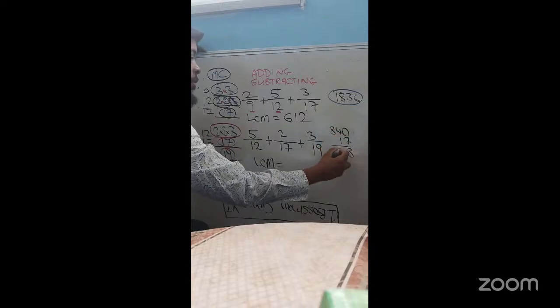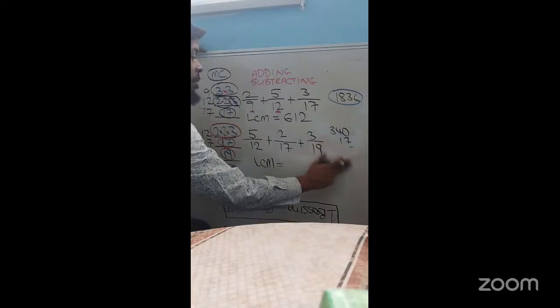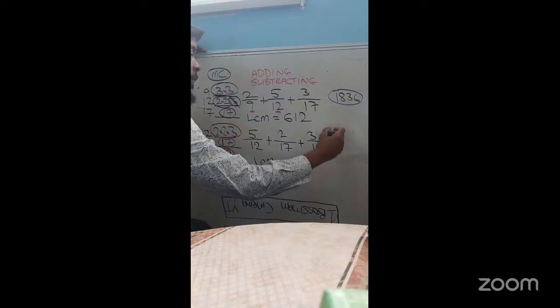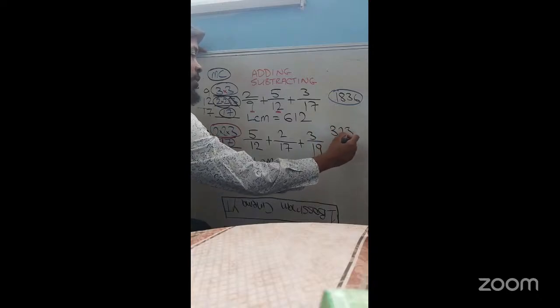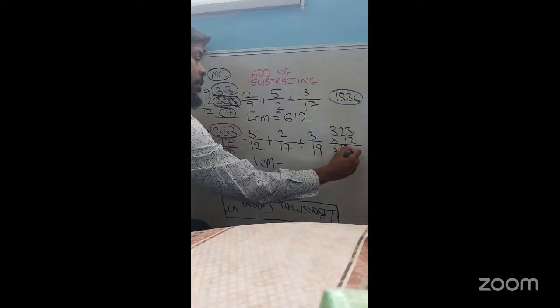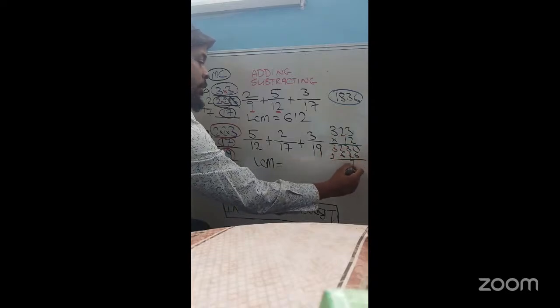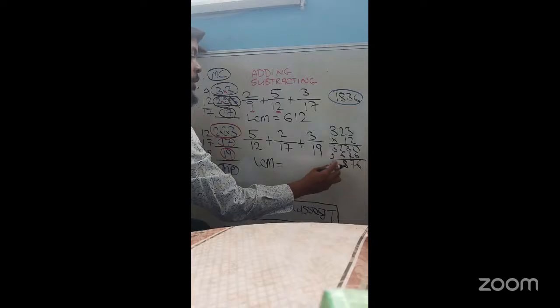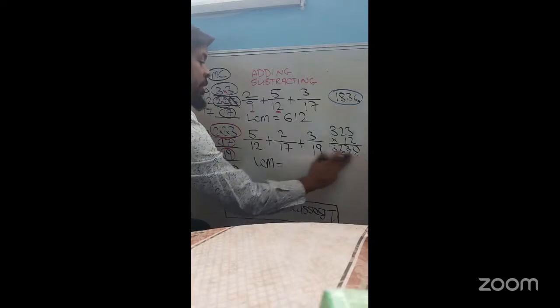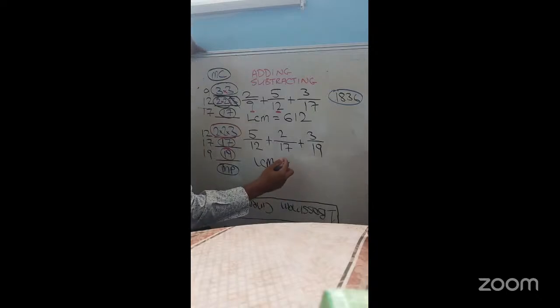Yeah. Alright, so now we have 323 times 12. Okay, so 3,876.